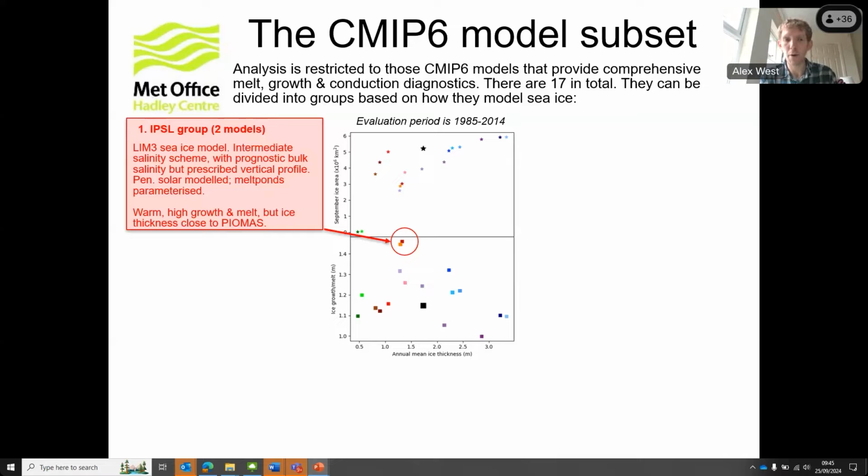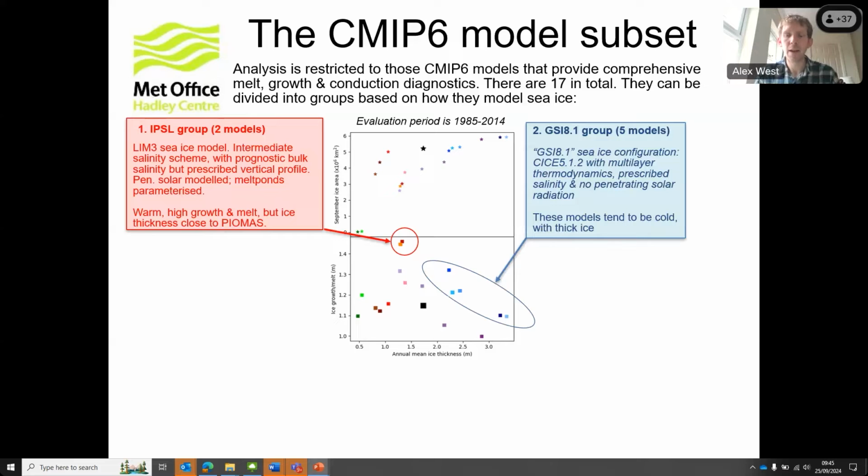This is quite a warm model. Sea ice melt and growth are quite high, but the ice thickness is perhaps not quite as low as you might expect given these things. It's quite close to the estimate of the PIOMAS forced ice-ocean model, which is often used as a reference for ice thickness, although it too has relatively wide uncertainties around it.